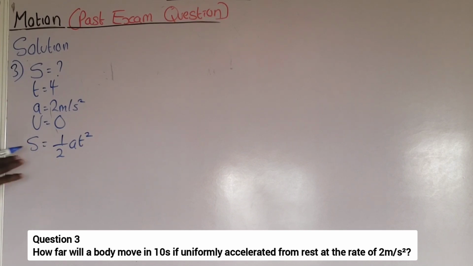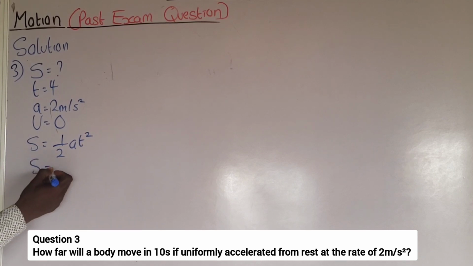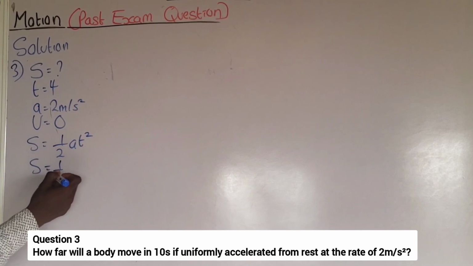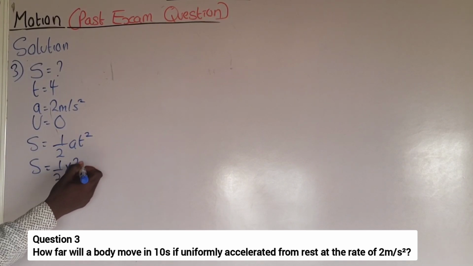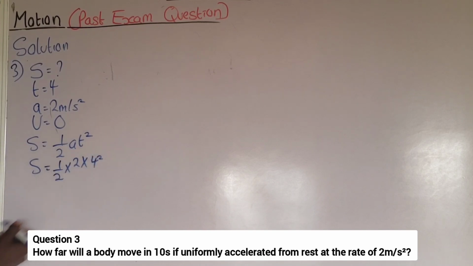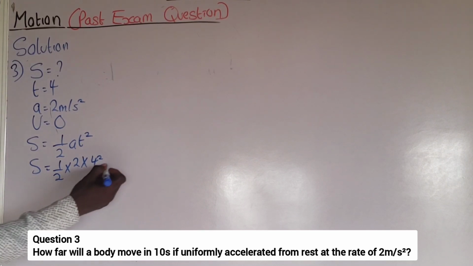So s equals 1 over 2 at squared, just put it directly like this. s will be equal to 1 over 2 multiplied by 2 multiplied by 4 squared. That is 16 meters. So the answer is 16 meters.